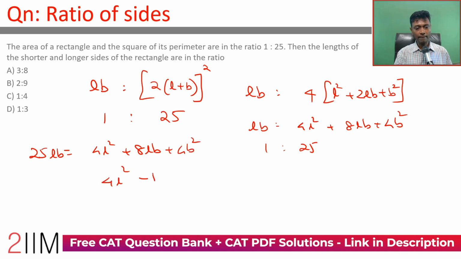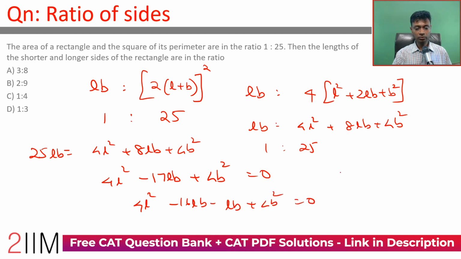So 4L square minus 17LB plus 4B square is 0. This can be split as 16 and 1, we're going to get a ratio 1:4. Fine. So 4L square minus 16LB minus LB plus 4B square is 0.